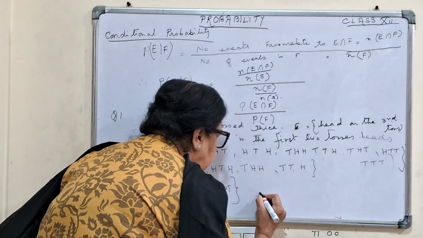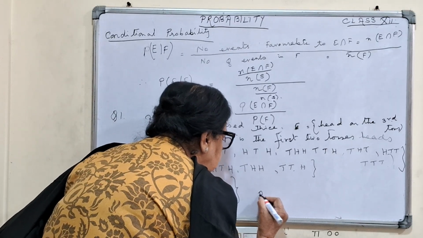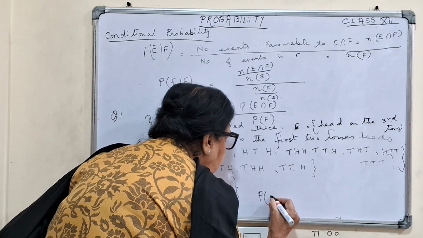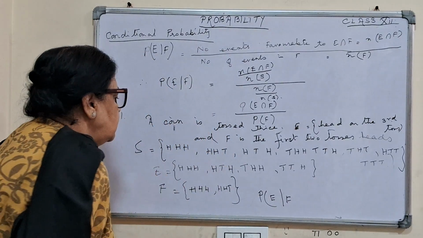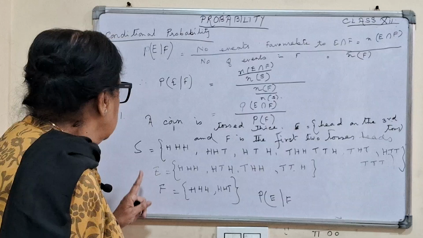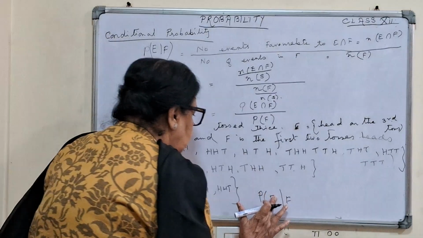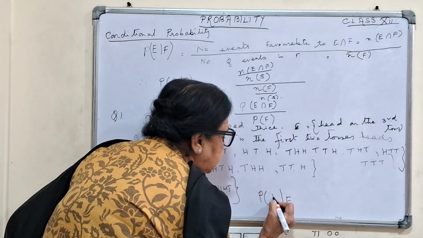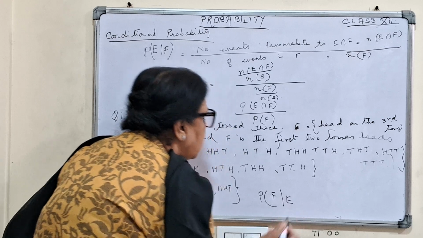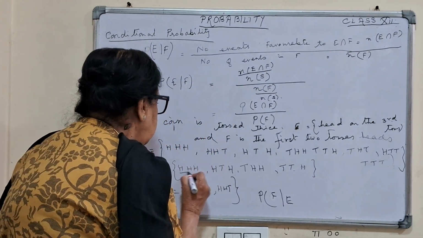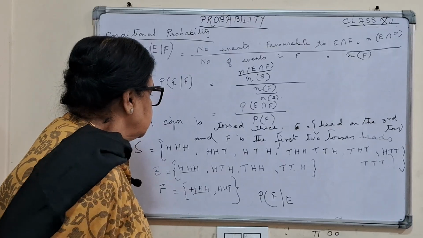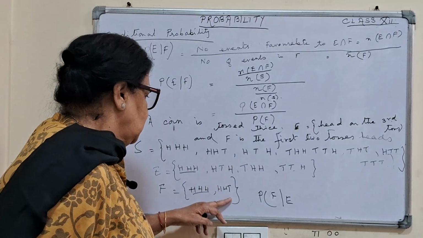So the probability of E when F has already occurred. Which is the common one? This one and this one. So, not this, not this.